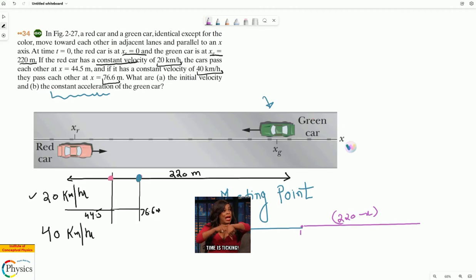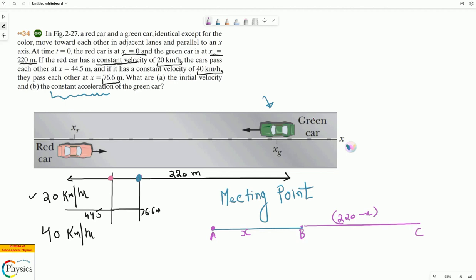If AB is the distance covered by the red car and BC is the distance covered by the green car, this is a straight line, so distance will be equal to displacement. So AB plus BC is equal to 220 meters.